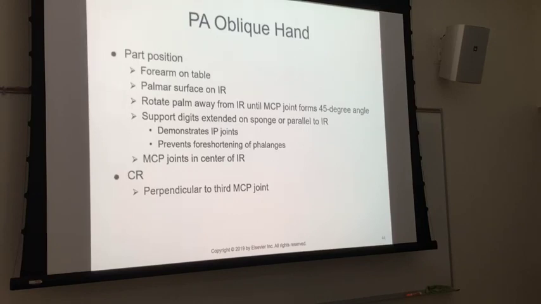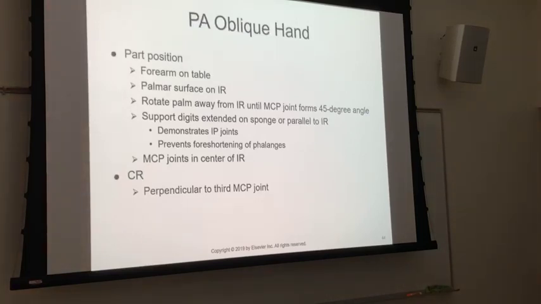The problem with this is that if the patient has a fracture in one of the phalanges, you can't see it, because all of them are superimposed on top of each other. What this is good for is if the patient, let's say they work with metal and they've got a foreign body, a shard of metal that's stuck into the palm of their hand.